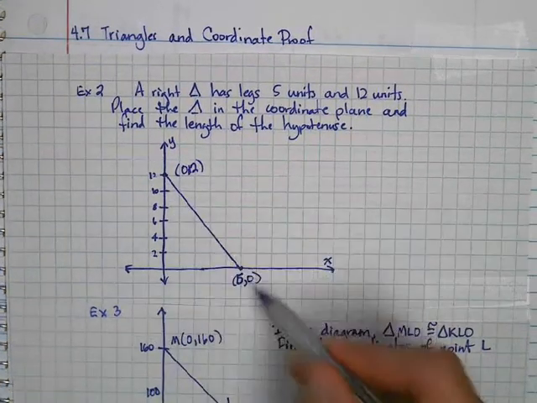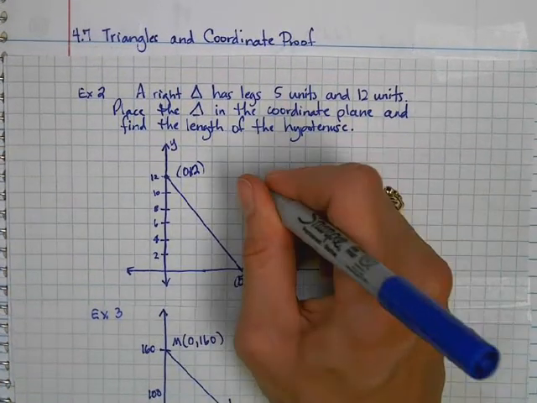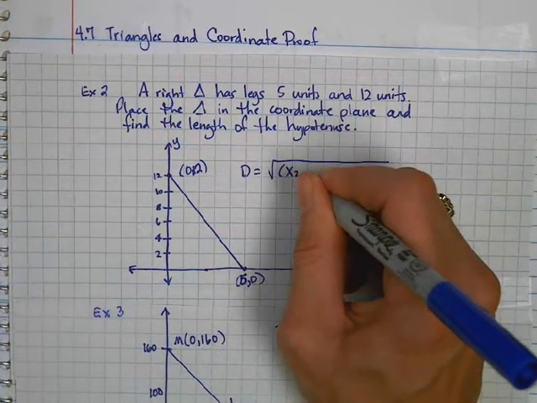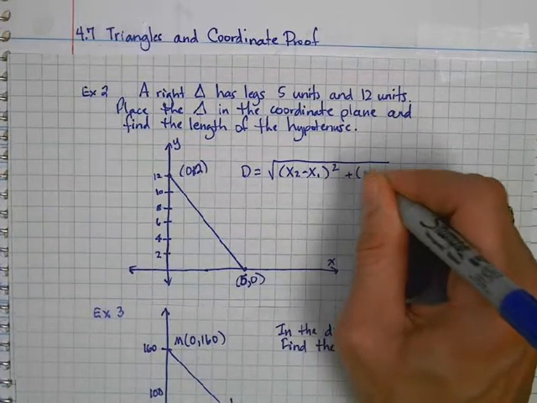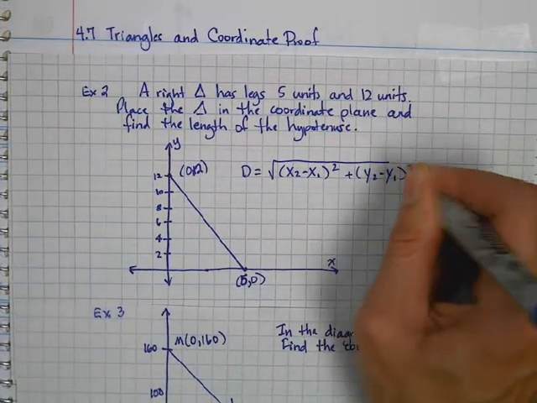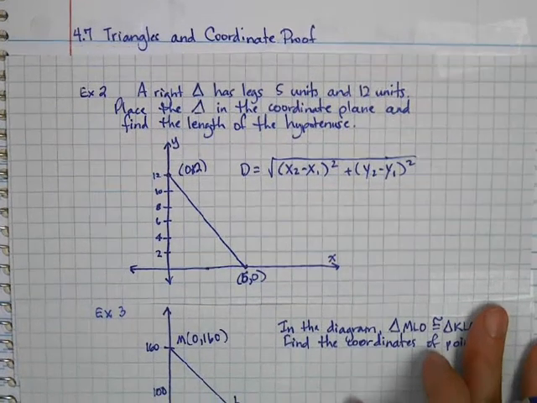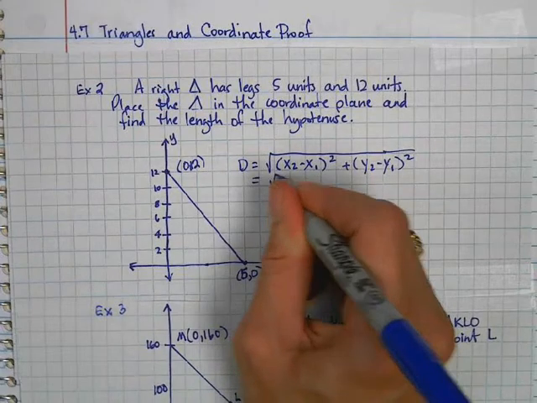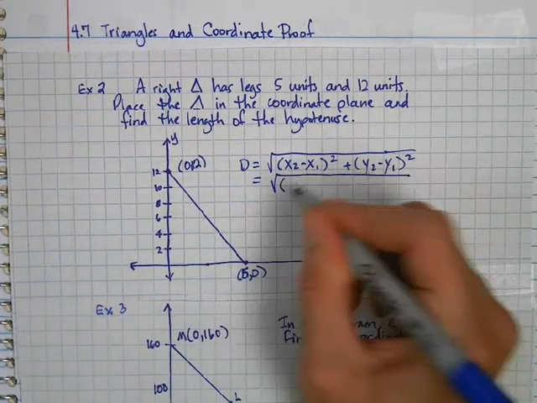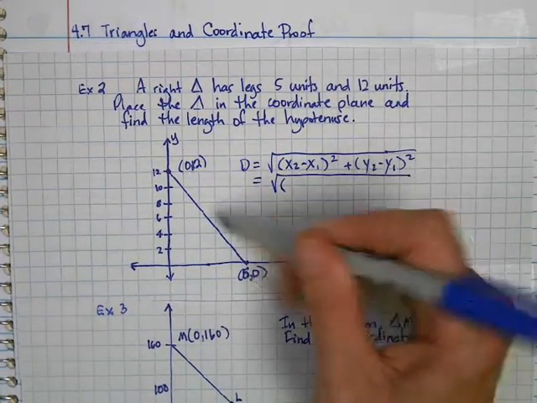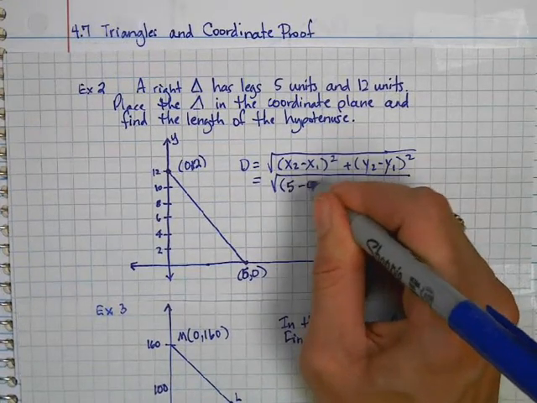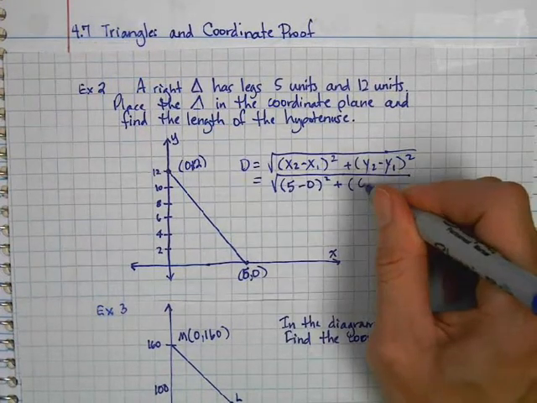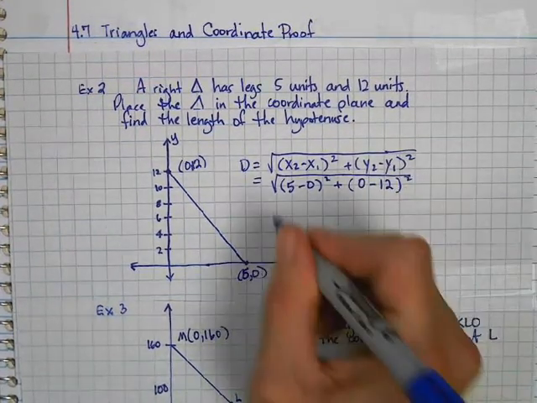To find the length of this, we're going to use the distance formula. Remember, the distance is equal to the square root of x2 minus x1 squared plus y2 minus y1 squared. We've done that before, so that should be review. We'll plug our numbers in here. x2 minus x1 is 5 minus 0 squared, plus 0 minus 12 squared.